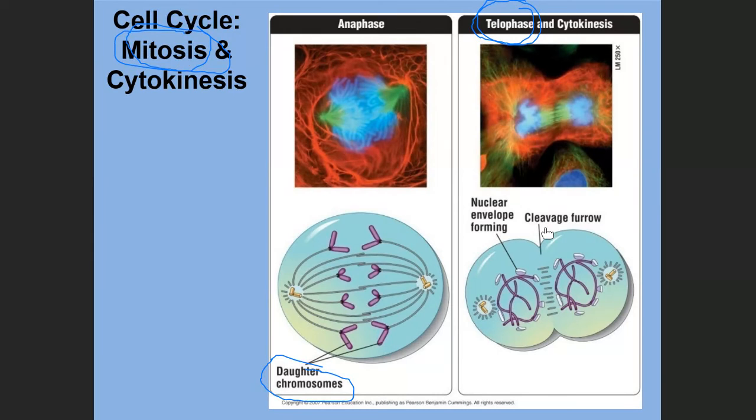In other words, while these two new nuclei are forming, the membrane of the cell begins to pinch inward, separating the cytoplasm of what was one cell into two cells.